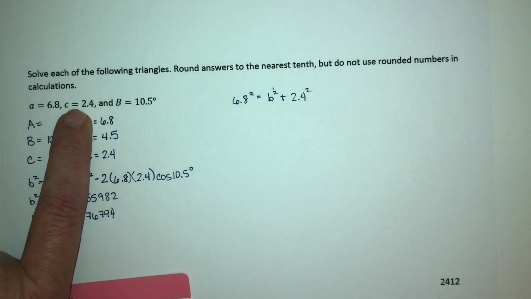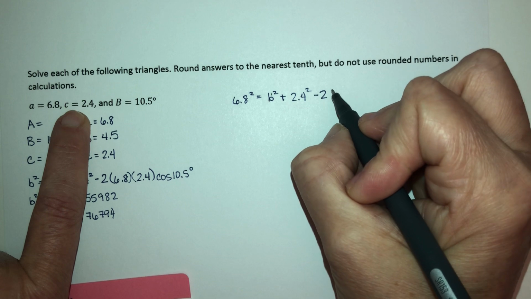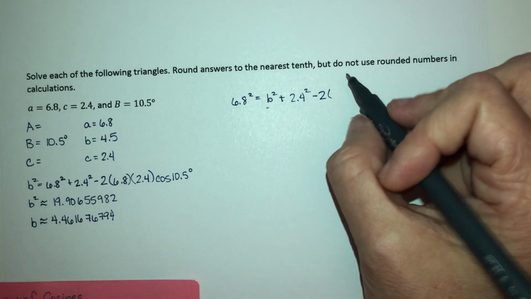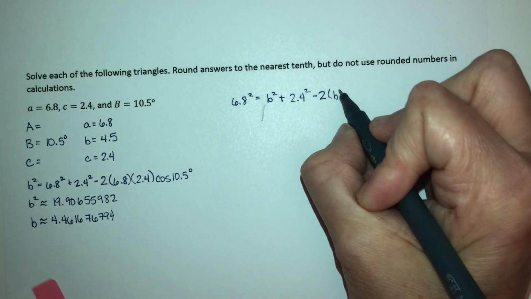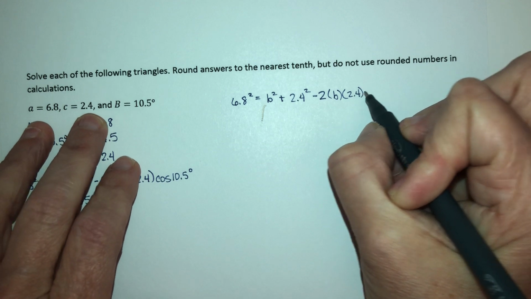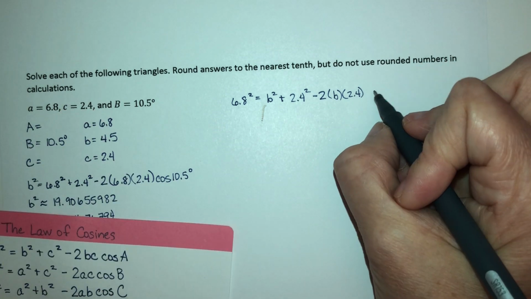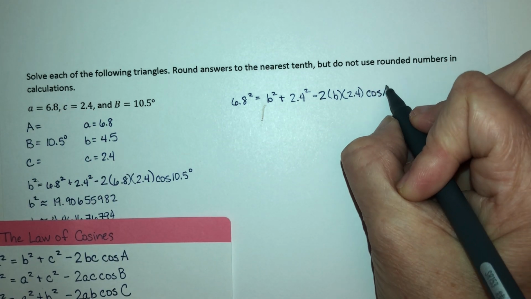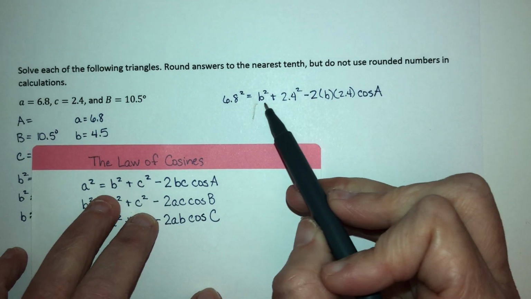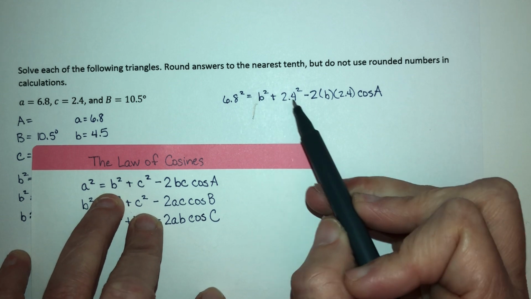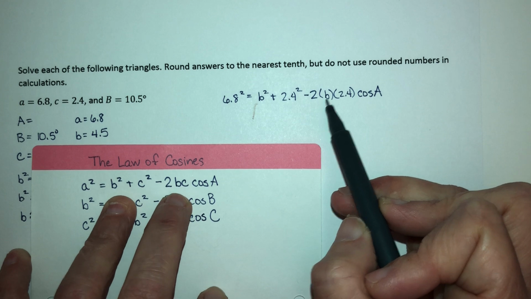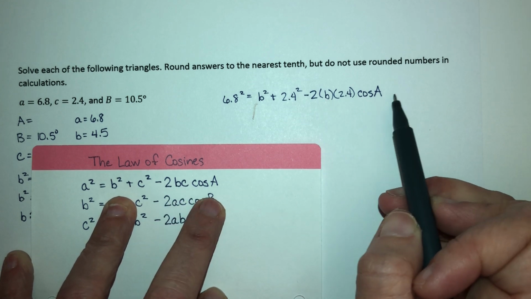Okay. Minus 2 times A, no, not A, times B times C times cosine of A. Let's make sure I've got that correctly. A squared is equal to B squared, which I'm going to use from memory, plus C squared minus 2 times B, again using memory, times C times cosine of A.